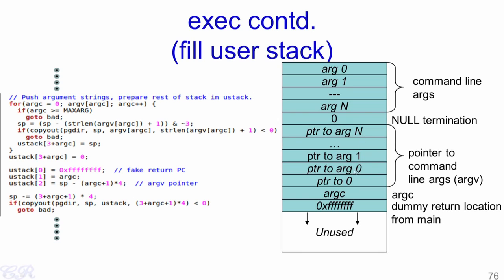These pointers to arguments form the argv of your program. You know that a main function takes argc and argv. So, these pointers form the argv of your program's input, and after the argv is the argc, which is the number of such parameters, followed by a dummy return location for main.